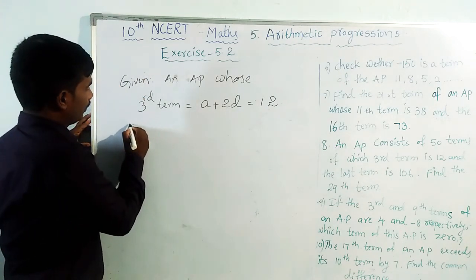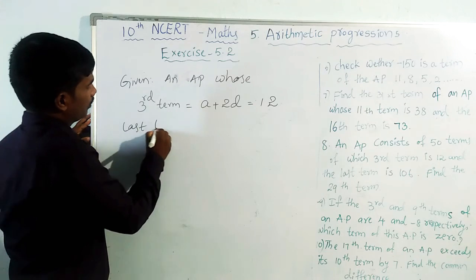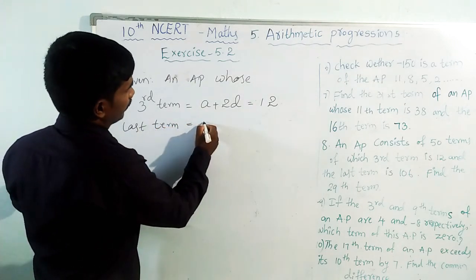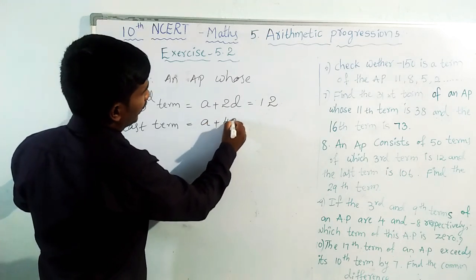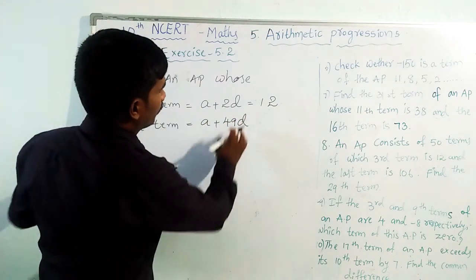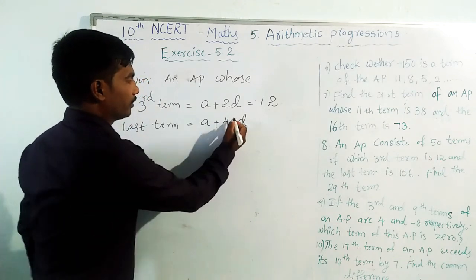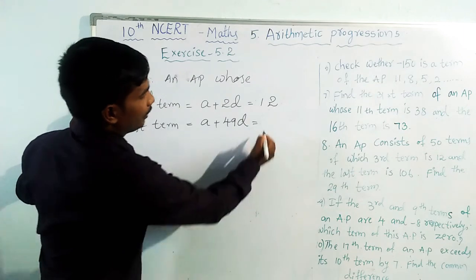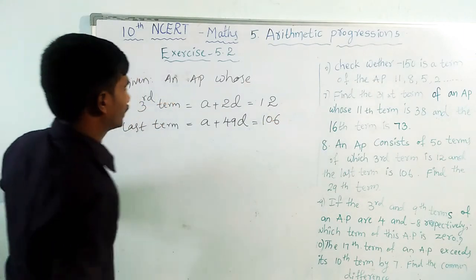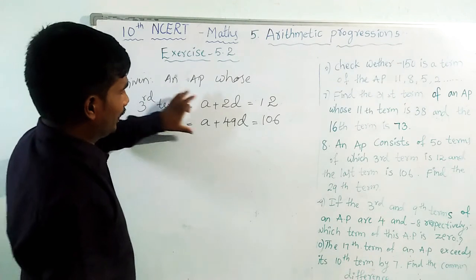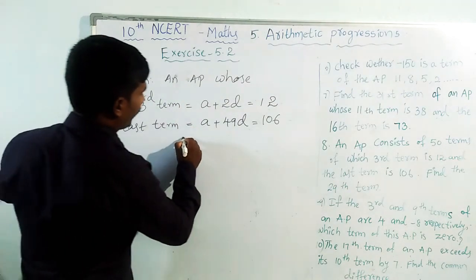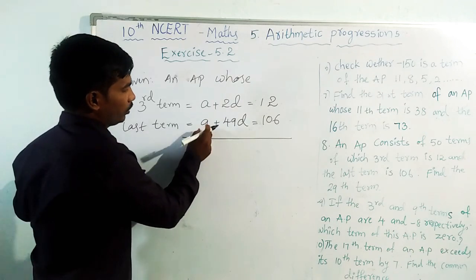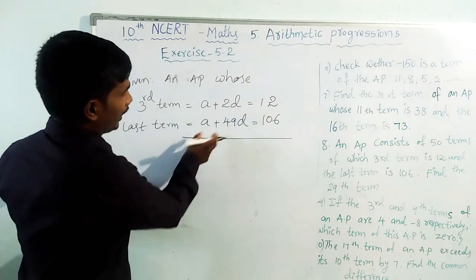So the last term is term 50, which is a plus 49d, and he is telling us it is 106. Both equations are a pair of linear equations in two variables. What are the two variables? a and d.